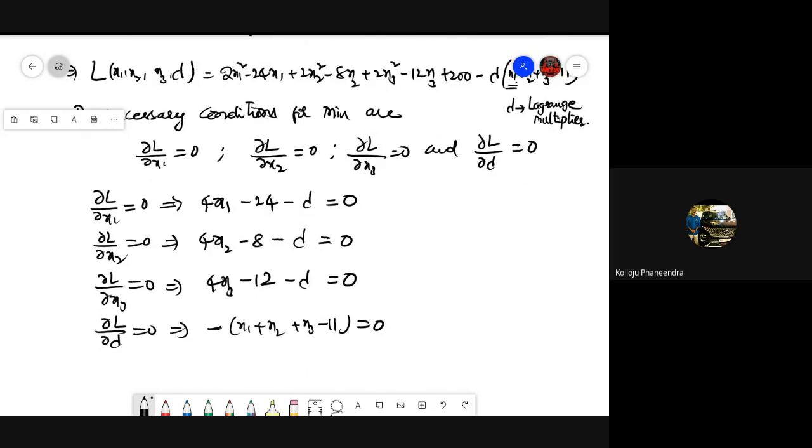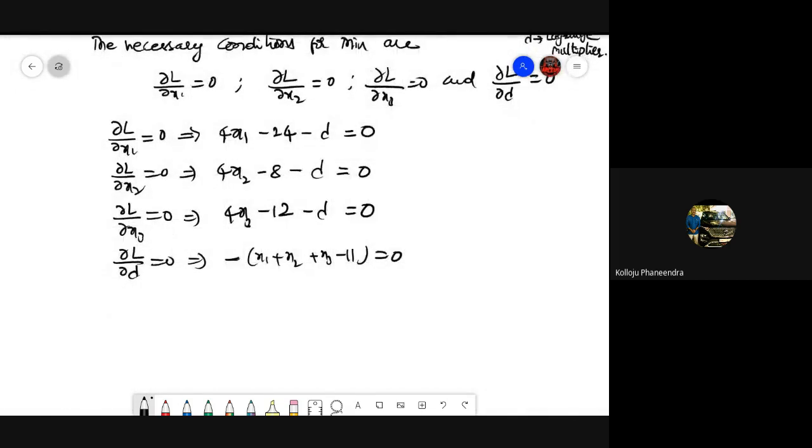Now I have to solve this problem for x1, x2 and x3. From the first, x1 is lambda plus 24 by 4. From the second, x2 is lambda plus 8 by 4. From the third, x3 is lambda plus 12 by 4.